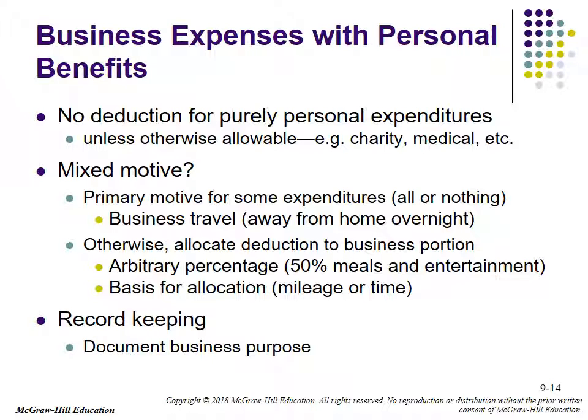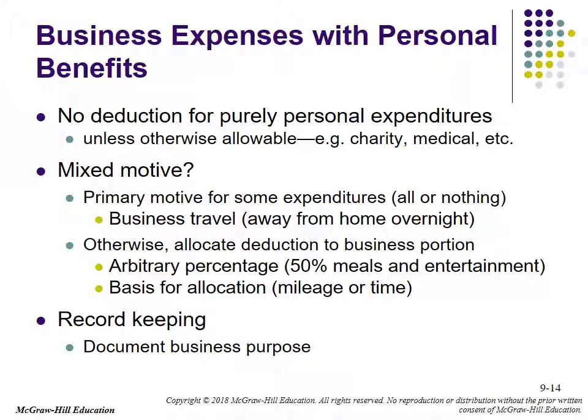It does not mean you are away a full 24 hours. You're just long enough away that you need to sleep, you need to rest. Then you're in what we call business travel mode. In business travel mode, we are allowed to deduct expenses if they are purely business.